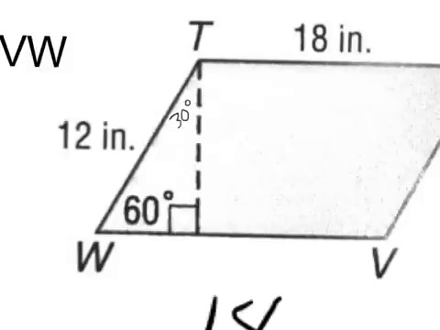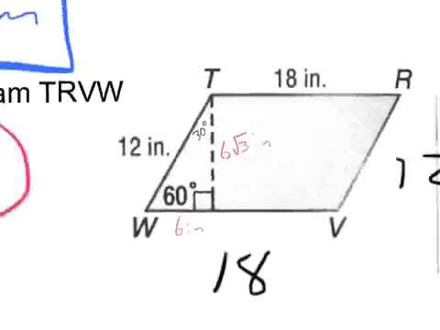In a 30, 60, 90 triangle, I know that the shorter length is always half of the hypotenuse. We learned that in chapter 7. So that means this is 6 inches. And then I know that the longer leg is the shorter leg times rad 3. So this is going to be 6 rad 3 inches. And so now I have the height.